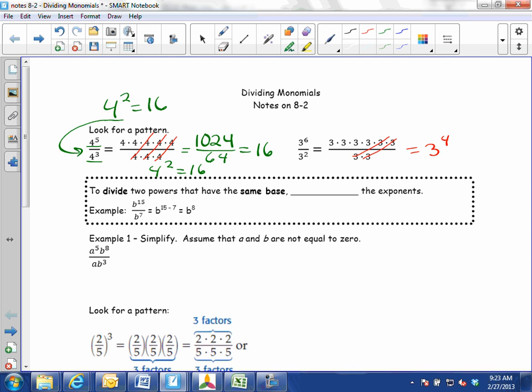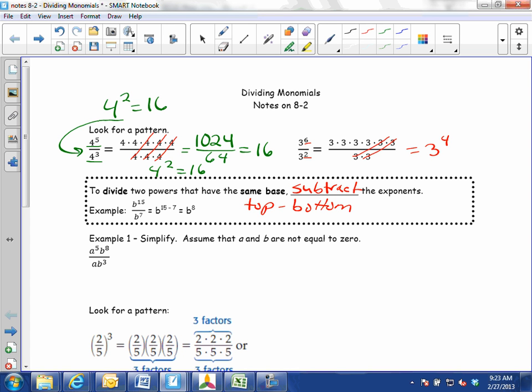Which is the same as if we take the top times the bottom to get 4. Okay, simple enough, right? So to divide 2 powers and have the same base, subtract the exponents. And always remember to go top minus bottom. Don't go backwards.